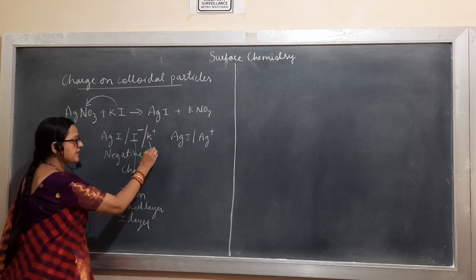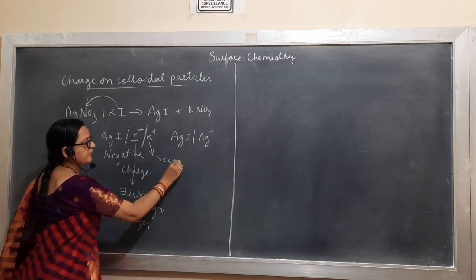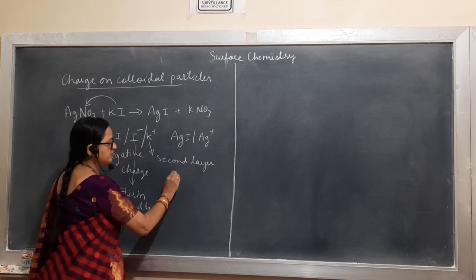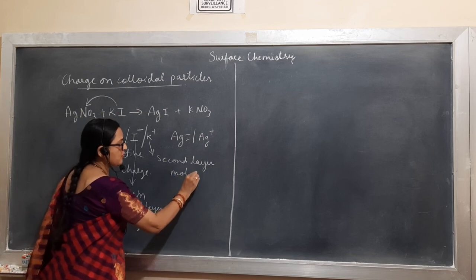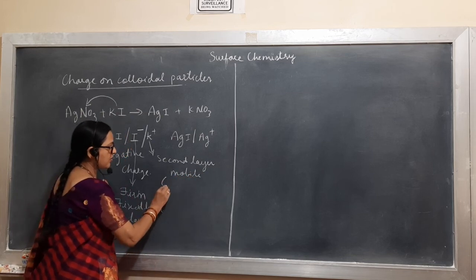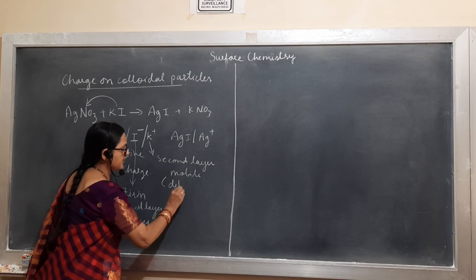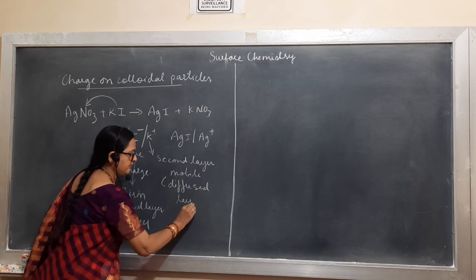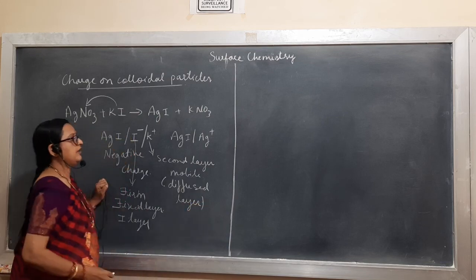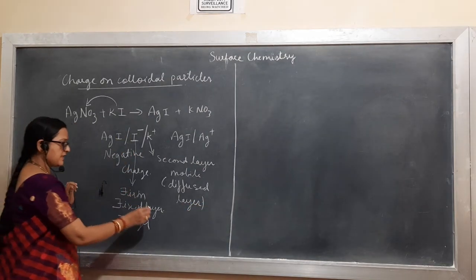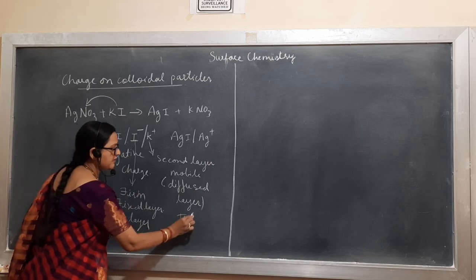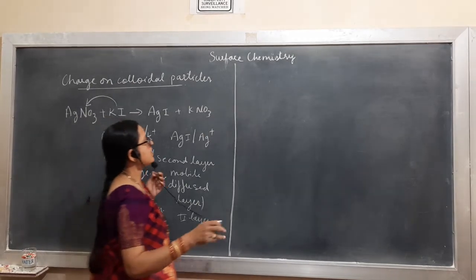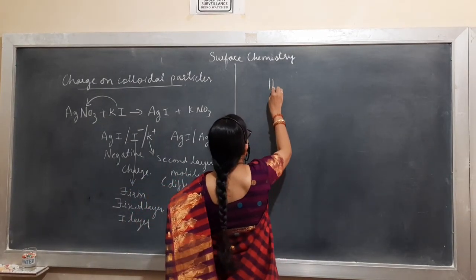This is the second layer. The second layer is mobile, and due to this mobile nature, I can call it the diffused layer. These two layers, the first layer and the second layer together, are called the Helmholtz electrical double layer.